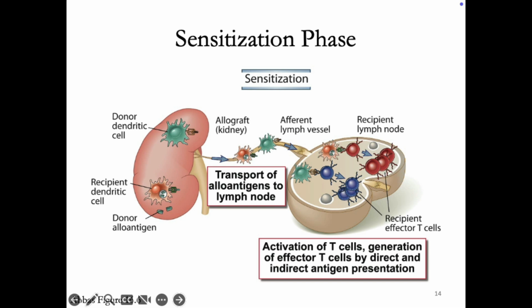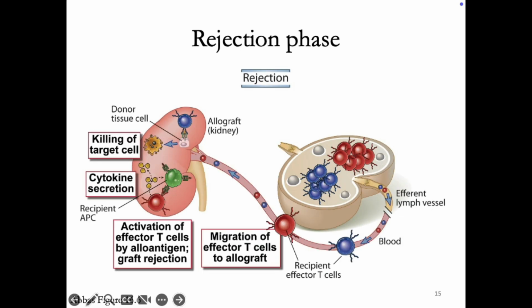But once those T cells are active, those T cells are going to leave the secondary lymphoid organ. They're going to head to the kidney, and they're going to start killing cells. They're going to start secreting cytokines, and they're going to destroy this kidney, which is going to be really sad for our donor.